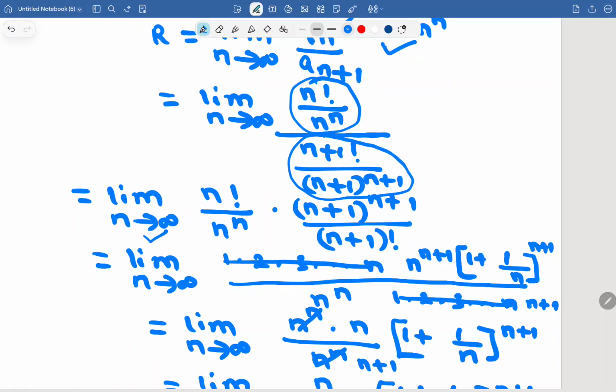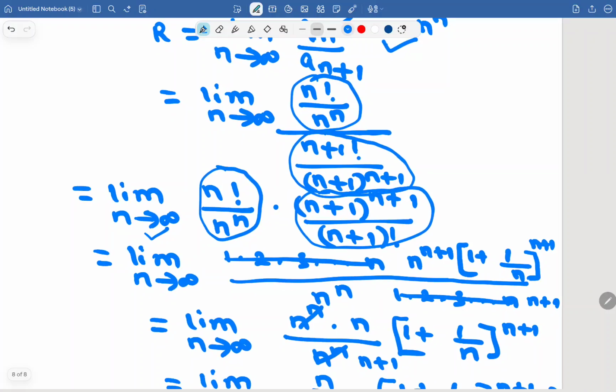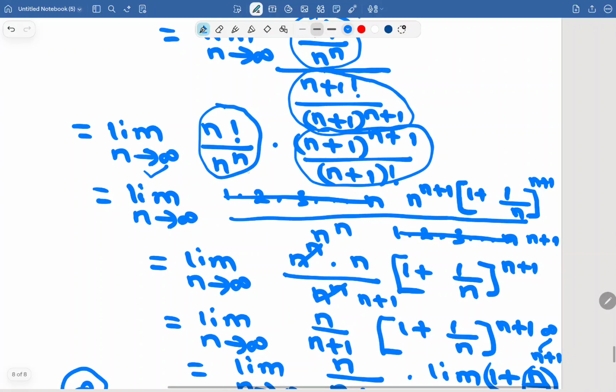Simplifying, limit n tends to infinity of n factorial by n power n times n plus 1 power n plus 1 by n plus 1 factorial. I am writing n factorial as 1 into 2 into 3 up to n. Take n outside with the power n plus 1. Remaining term is 1 plus 1 by n power n plus 1, with denominator n power n.